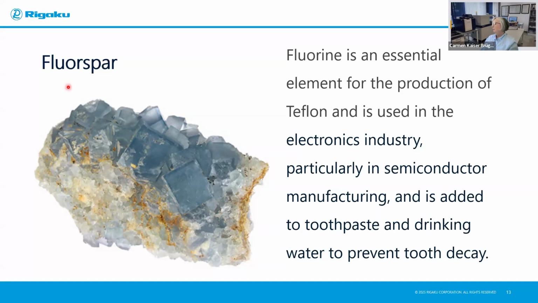Fluorine can also be added to the toothpaste and drinking water to prevent tooth decay. Yeah. So it's quite an essential element, yes. So we need to, of course, quantify fluorine properly in such kind of materials, be it from the original ore, like the fluorspar, to semiconductors and so on, yes.